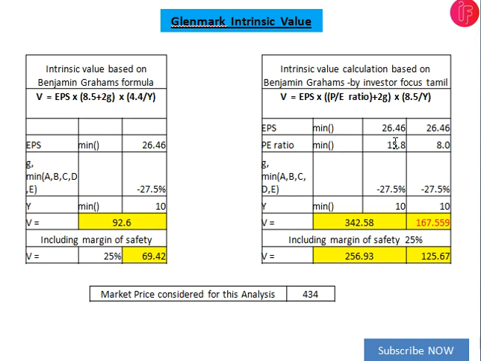Hence I have made the intrinsic value calculation in our Investor Focus, in which you can see V equals EPS into (PE ratio plus 2G) into 8.5 divided by Y. In this formula what I have modified is, instead of 8.5 as a constant, I have modified that as the PE ratio, because sector to sector this PE ratio value will vary. It will not be fixed to 8.5.